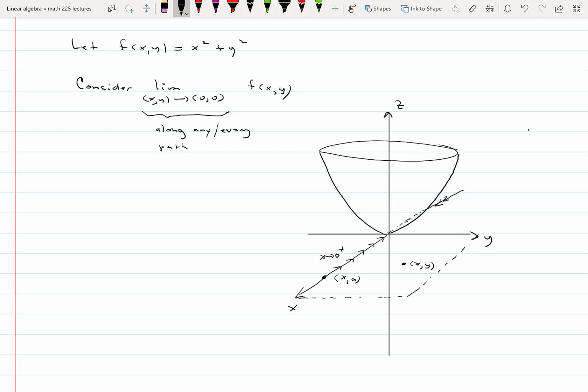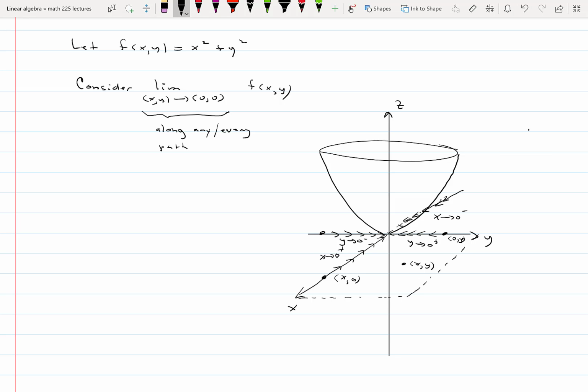We could also let x approach 0 from the left. But we're not talking about just a single point, we're talking about the point (x, y). So we could place the point on the y-axis, looking at something like (0, y), and let that point approach the origin, in which case y would be approaching 0 through positive numbers. We could start on the negative y-axis and let that point approach the origin as y approaches 0 from the left.